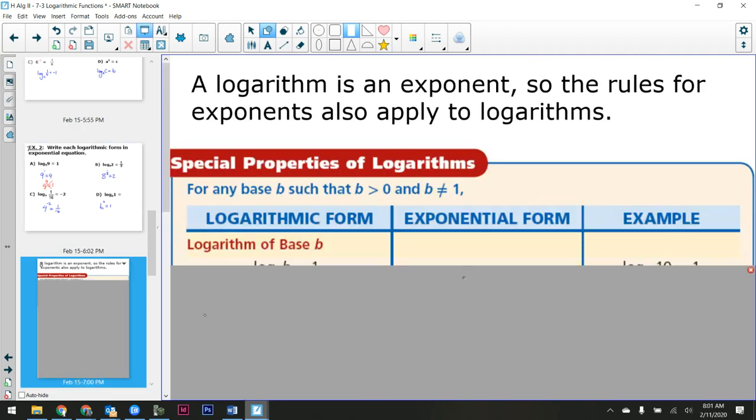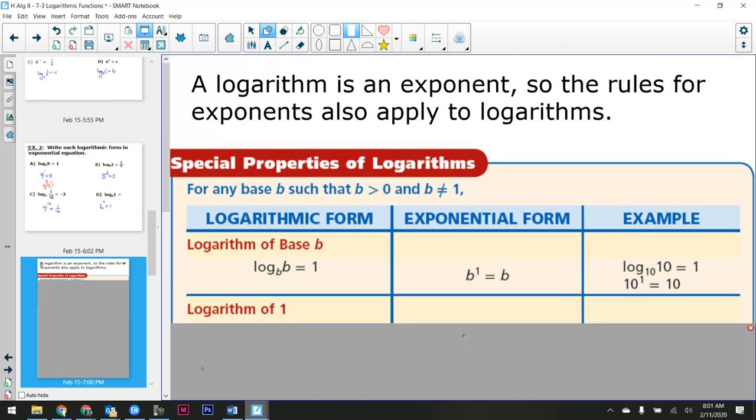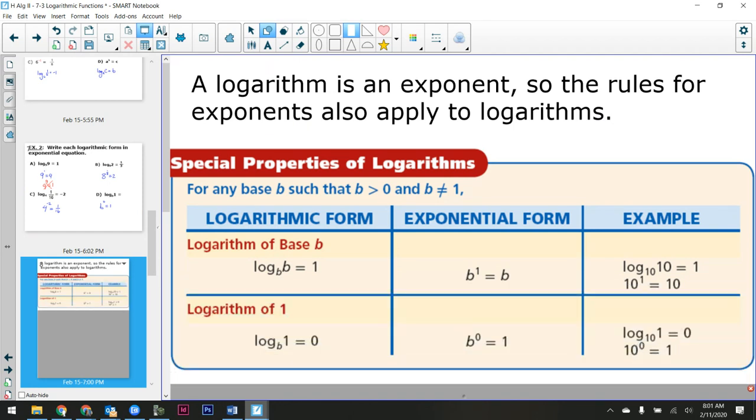Take a look here. Oh, this is b to the b. That's the one that I was talking about. The first one is the one that Thomas set up. B to the b. How do you make something always stay the same? You raise it to the first power. So if you ever have log base b of b, and b could be anything, as long as it fits our restrictions, b could be anything.